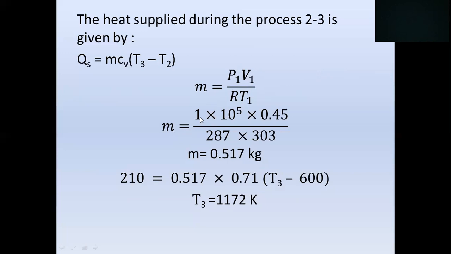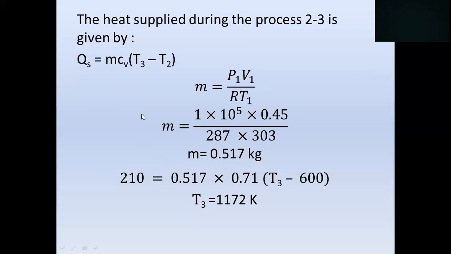M is equal to pressure 1 into 10 power 5, so we are converting the pressure value 1 bar into Newton per meter square, into V1 0.45, value for R constant 287, and T1 value is 303. So we get M is equal to 0.517 kilogram.